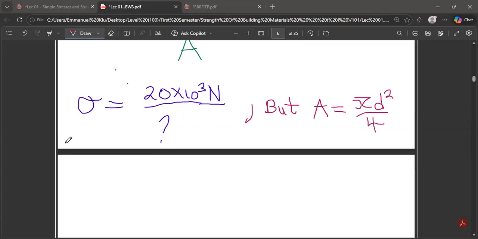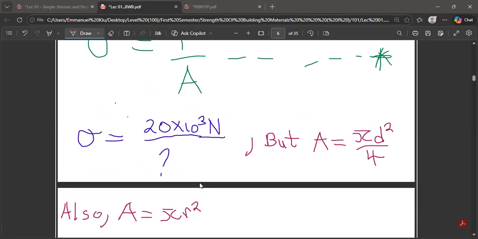Also, take note. Also, A is equal to pi r squared. Someone will say that if it's a rod we are using, the rod has a length, why can't we just multiply length times breadth or something?